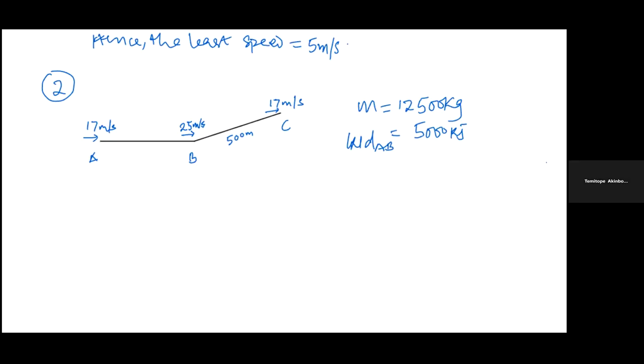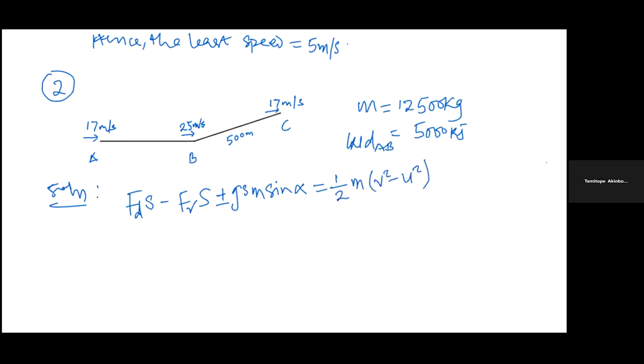But let me give you this hint. You can use the formula: work done by driving force, plus or minus work done against resistance, plus or minus potential energy, mgh sine alpha, equals change in kinetic energy, half m (v squared minus u squared). I want to generalize, so it's up to you where to use minus and where to use plus.